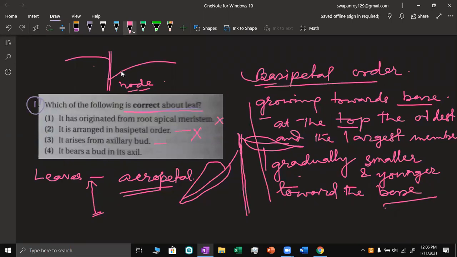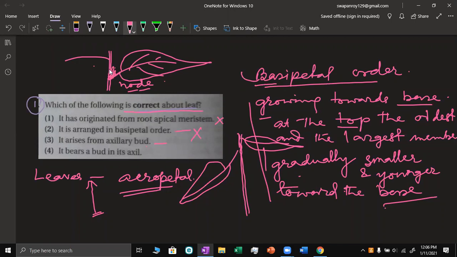So at the node the leaves come out, and at the axil, that is in between the leaf and the stem from where it is coming out, that is the axil. So this part is the axil and it arises from axillary bud.